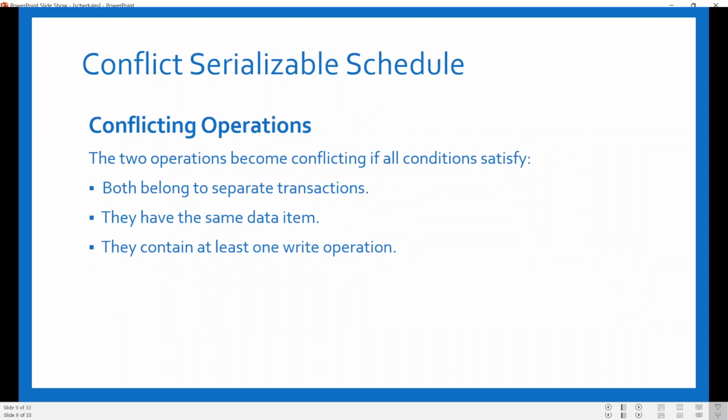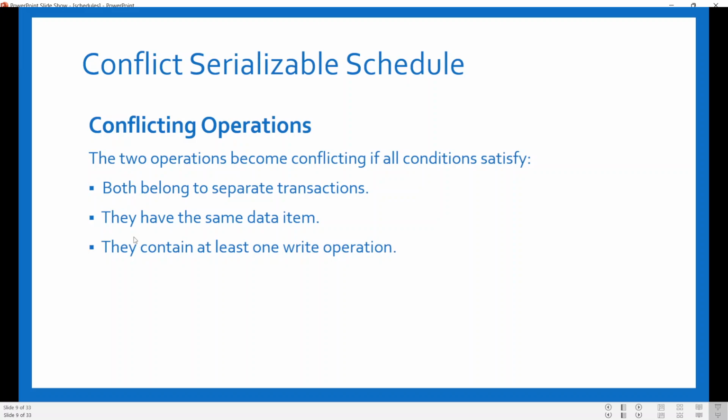So what is meant by a conflict serializable schedule? Conflicting operations, as I already said: when you say two operations are in conflict, first, they belong to separate transactions. Second, they have the same data item. Third, they contain at least one write operation.